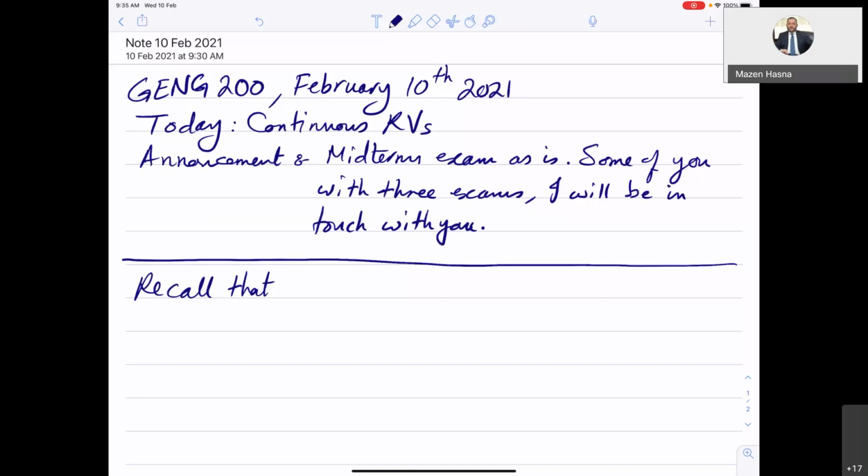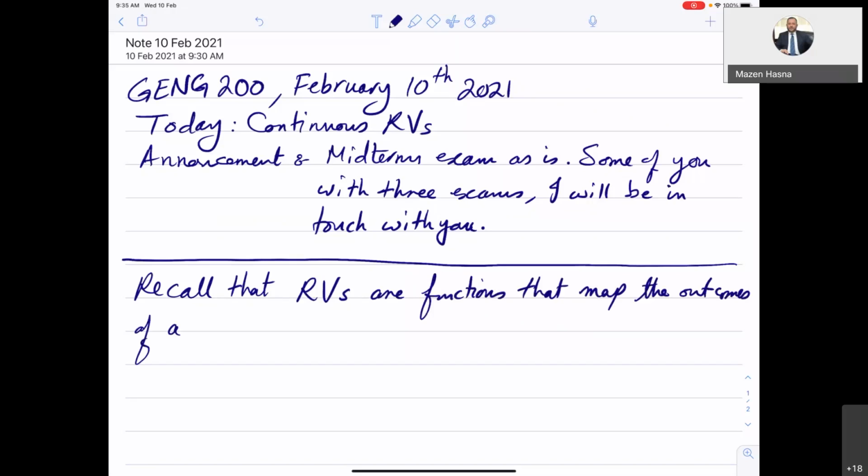So recall that random variables are functions that map the outcomes of a random experiment to R, or part of it.